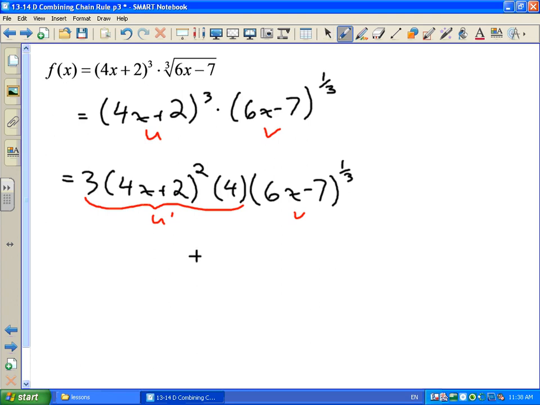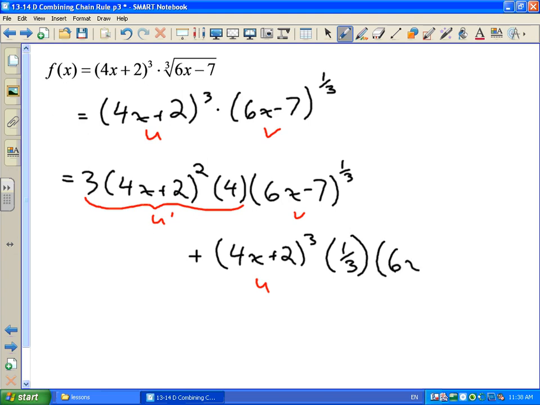To this, I want to add u v primed. (4x plus 2) cubed is u, and now I need v primed. Well, let's see. I've got an exponent of 1/3, so I'm going to bring down the 1/3 as a coefficient out in front.